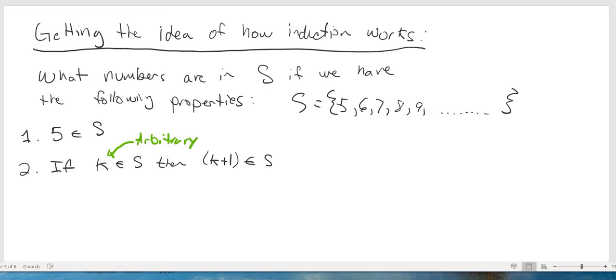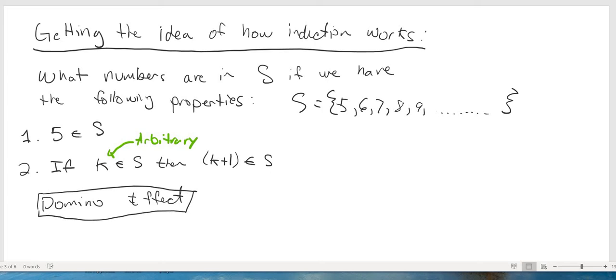A very popular example to show this is the domino effect. This is a nice little picture that almost everybody likes to use.